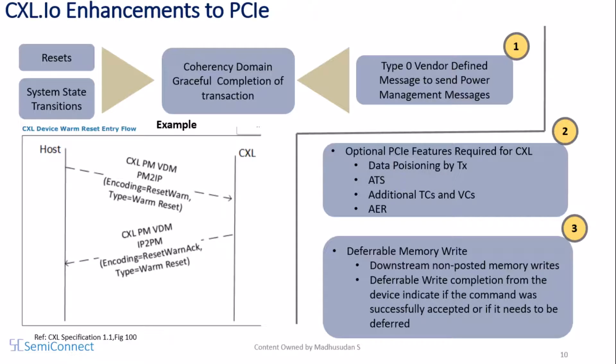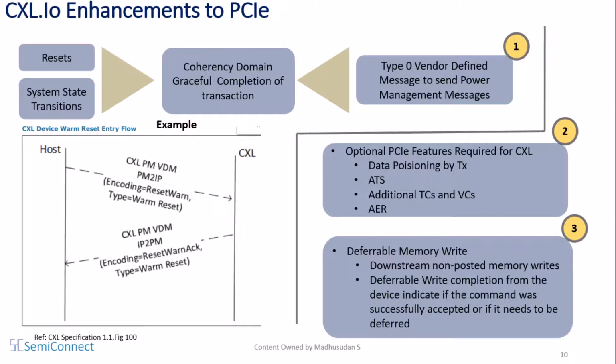Such a transaction is called a posted transaction, and in PCIe the memory writes are posted. They are posted because they aggregate multiple writes from various write requests and then send them over the link in order to utilize the bandwidth properly.